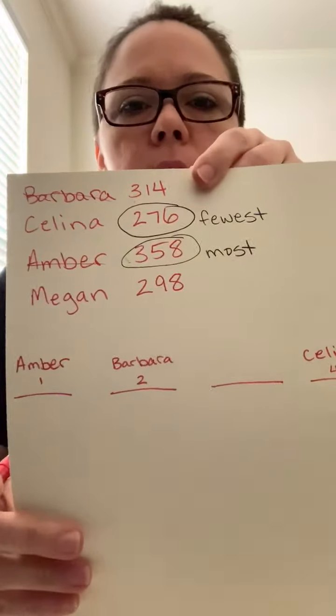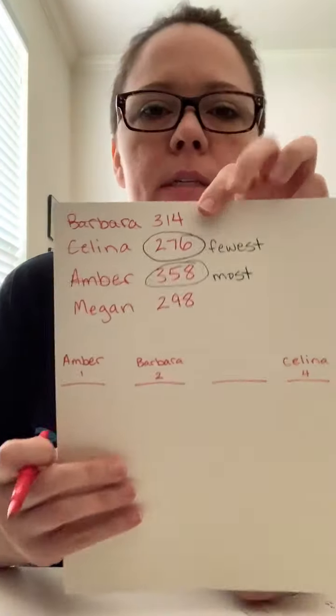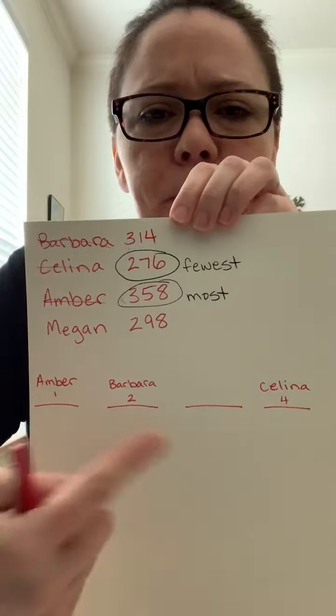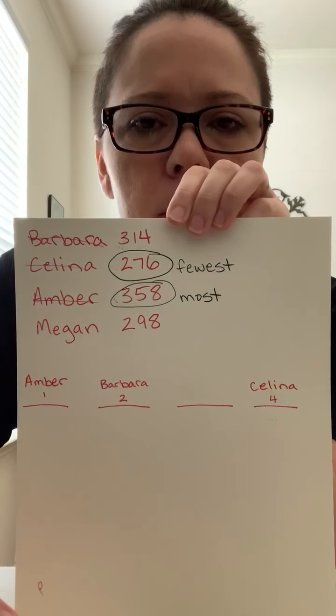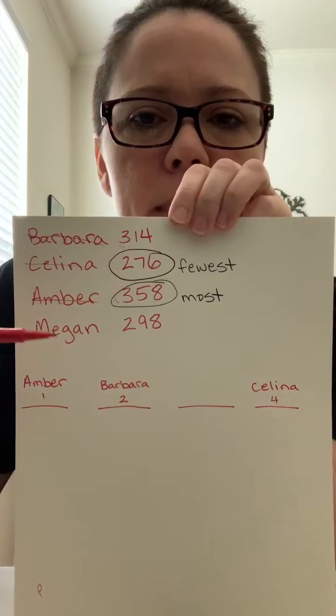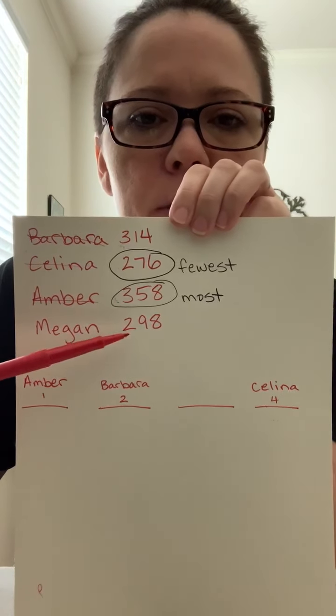C-E-L-I-N-A. Selena. And I'm gonna mark that one out because I've used that one in my list already. So which one's gonna go here? It's gonna be the one that's left. Megan, 298. So I'm gonna write Megan. She's number 3 on my list.